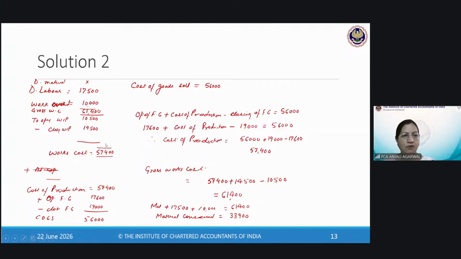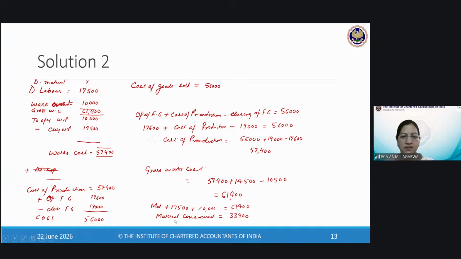So when closing WIP and opening WIP is adjusted, we find out that the gross works cost comes out to be 61,400. 61,400 comprises direct material, direct labor, and works overhead.